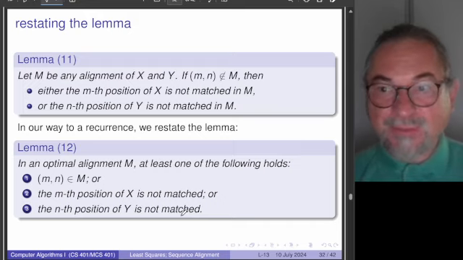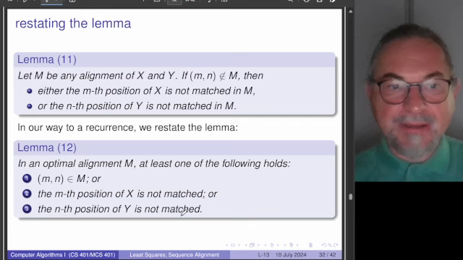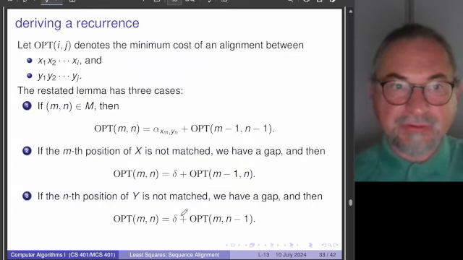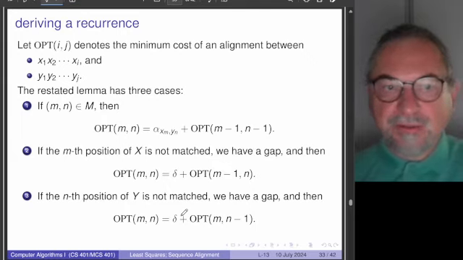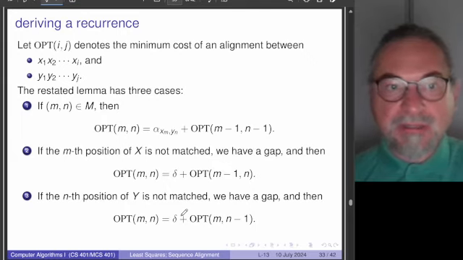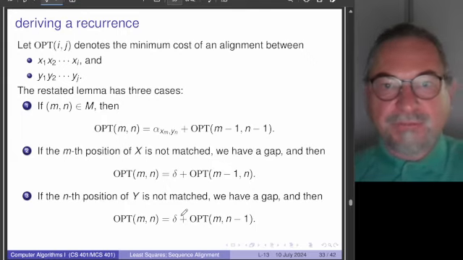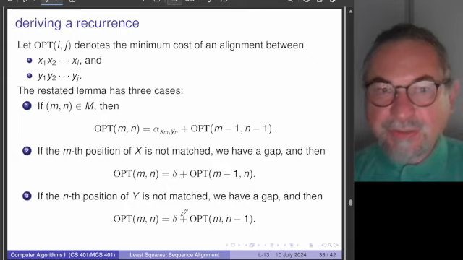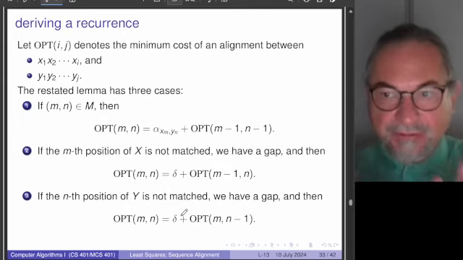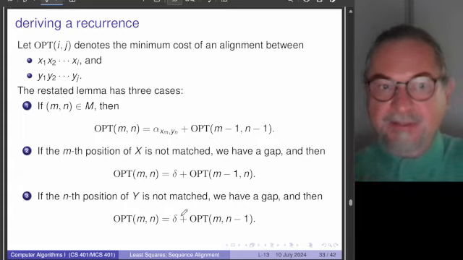Okay, what is it again that we try to optimize? We try to minimize the gap cost and the mismatch cost. So let's formalize this. We denote by OPT the minimum cost, what we want to optimize, between the alignment of two words of length I and J. Then we have either a match, where we have added the last two characters in the alignment.